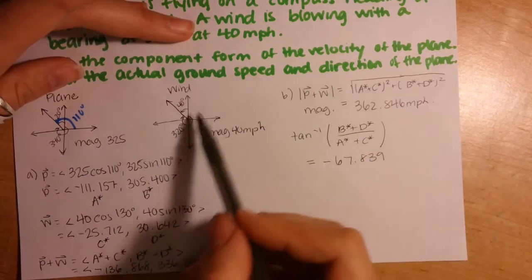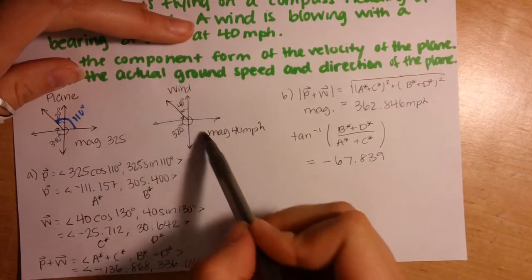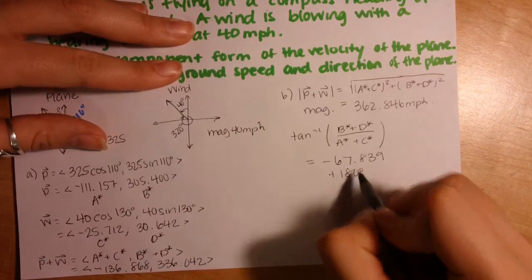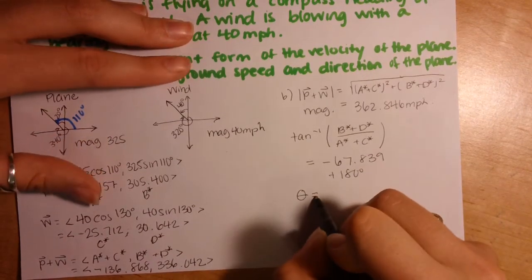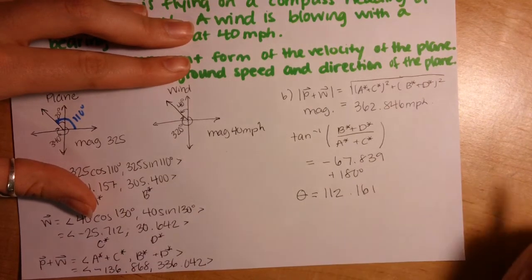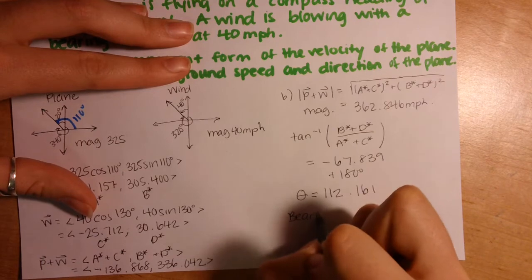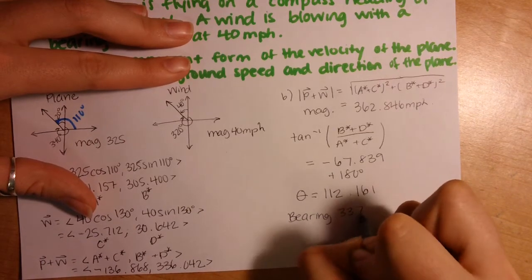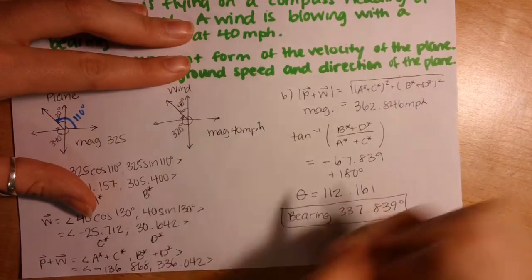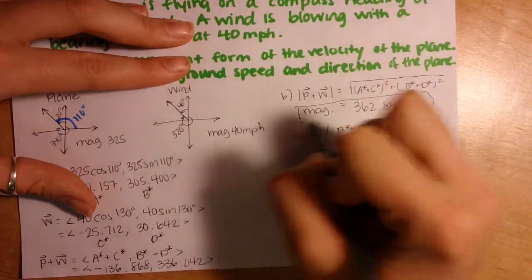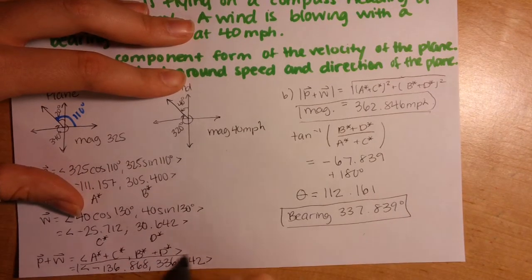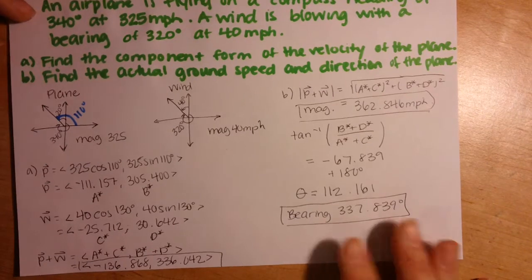But I have to remember my plane's going this way, and I just got an angle that's down here, so we're going to have to add 180. So my angle is going to be 112.161, which is a bearing of 337.839 degrees. So now I have my magnitude, my bearing, and this was the actual direction of the plane.